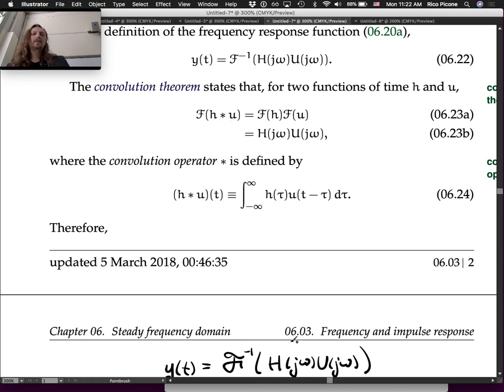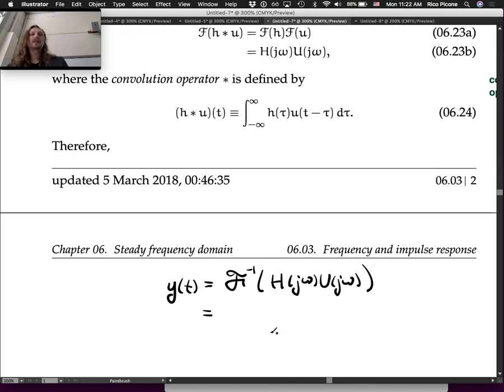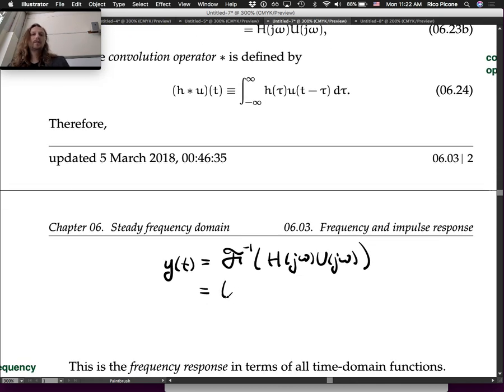So that means that this right-hand side of our expression down here is just h convolved with u, which is just by definition, equation 6.24, h convolved with u is the integral from minus infinity to positive infinity of h of tau u of t minus tau d tau.